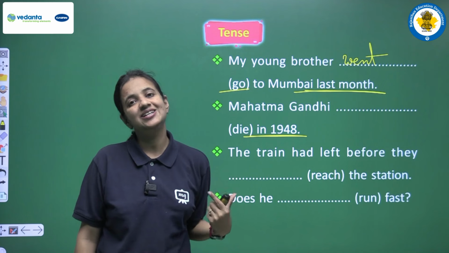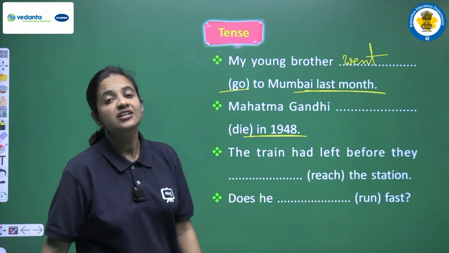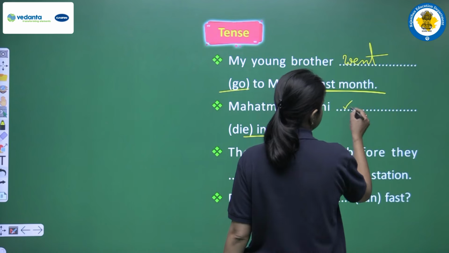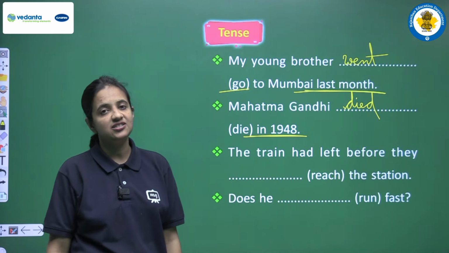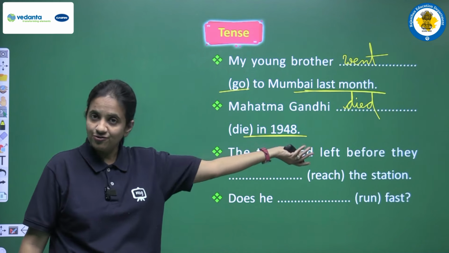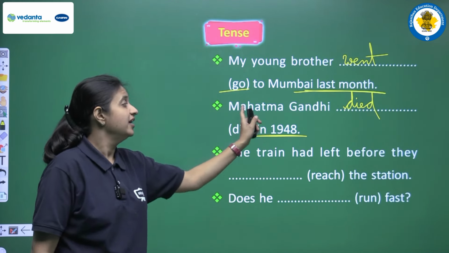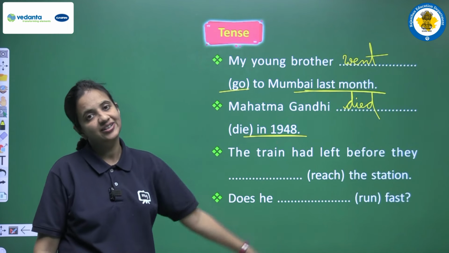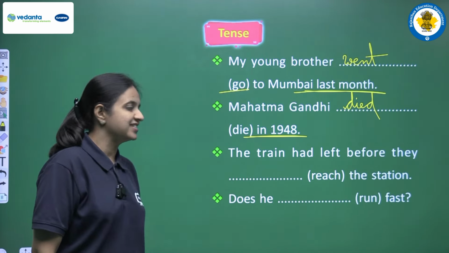So in the positive sentence we have to use second form. As a main verb we are having die. So the second form of die is died. So we won't write any helping verb. We will just write the second form of the main verb, and the sentence will be, Mahatma Gandhi died in 1948.